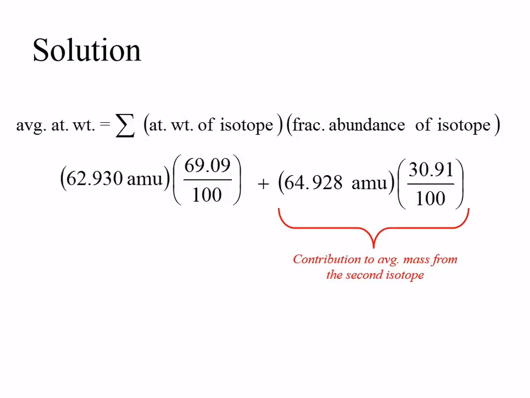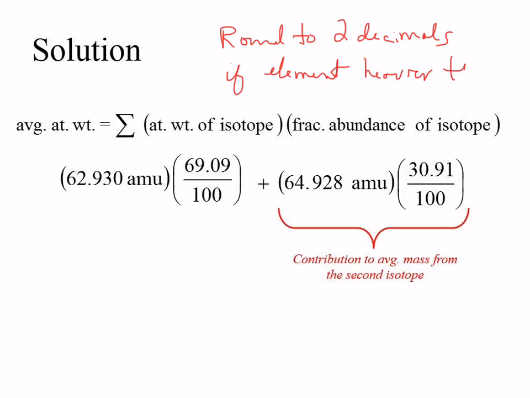Now, for this sort of problem, you're going to round to 2 decimals if the element is heavier than boron. So the distinction there is if you find boron, I should say boron or heavier.